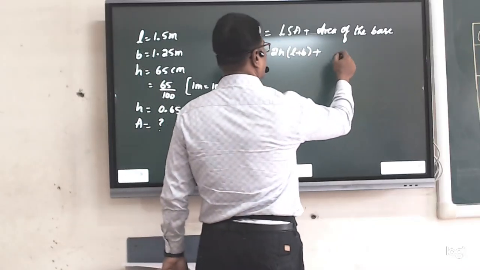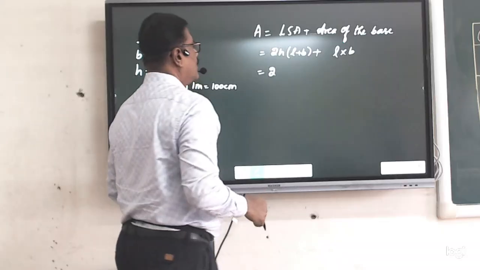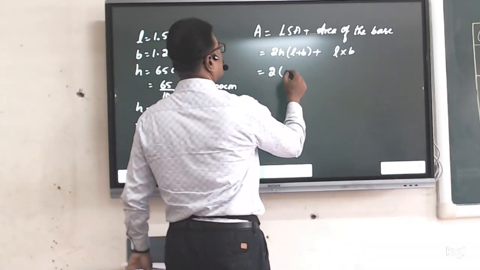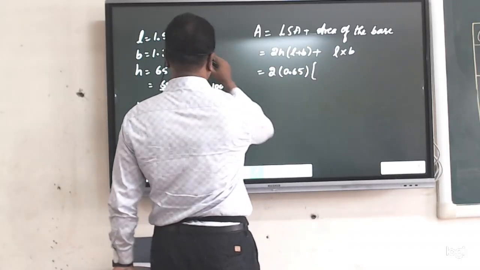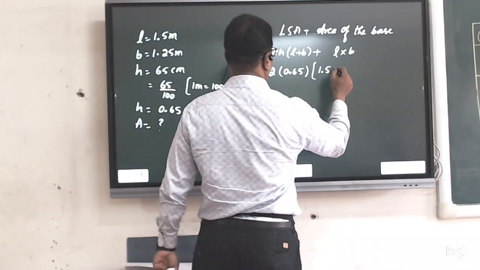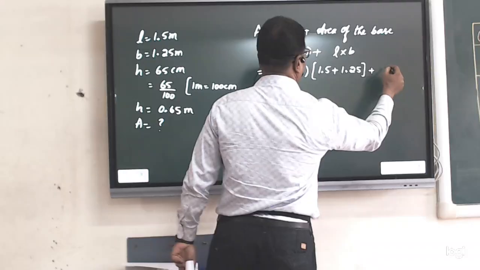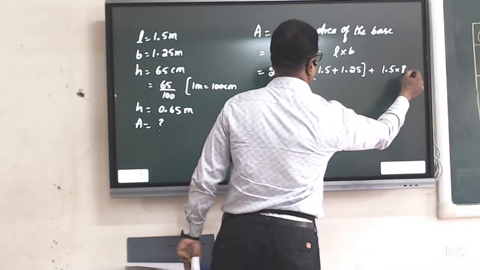L into B. So you know the length, you know the breadth. So 2, h means it is given here 0.65. So 2 into 0.65 into L is 1.5 plus B is 1.25 plus L into B 1.5 into 1.25.